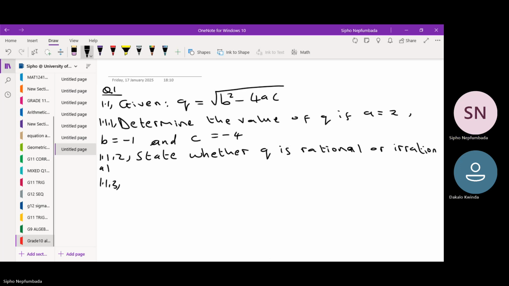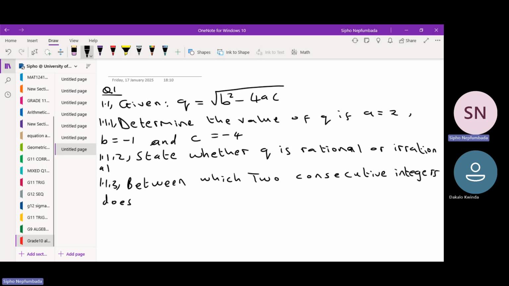1.1.3. They say that between which two consecutive integers does Q lie?